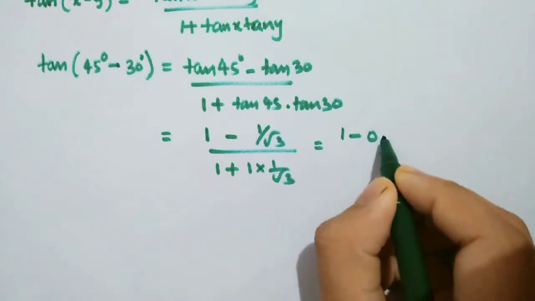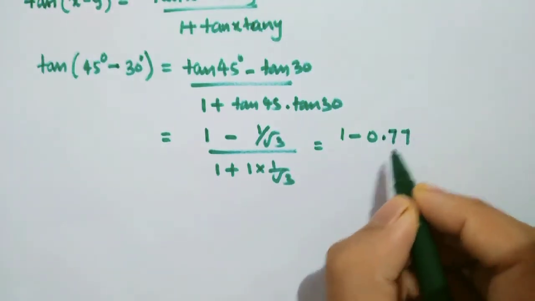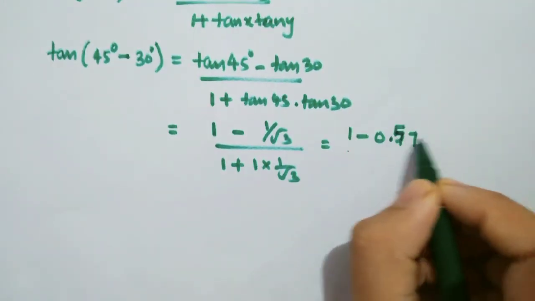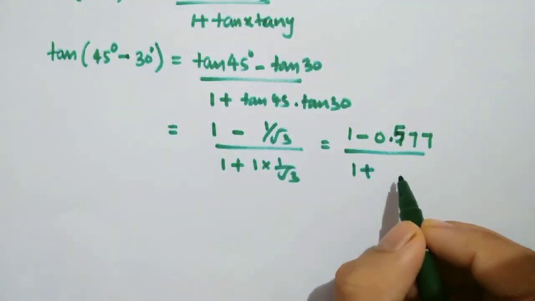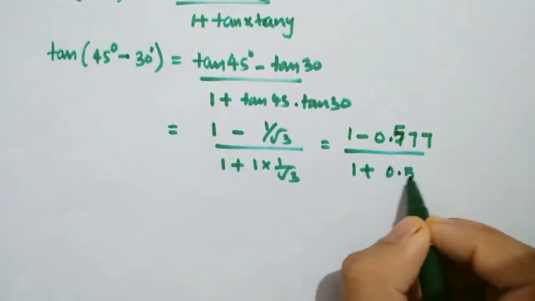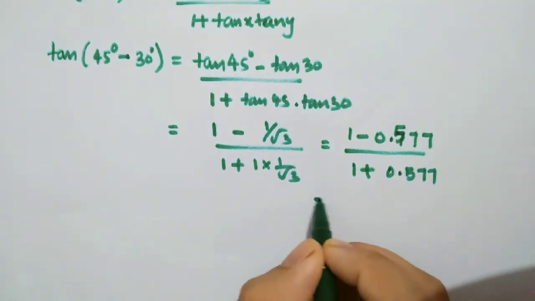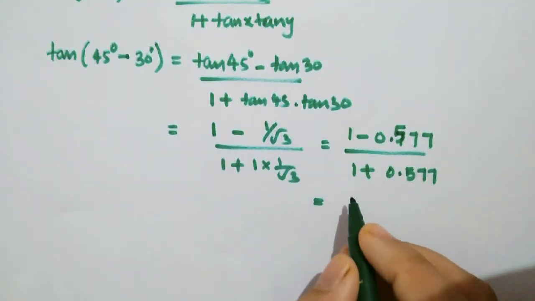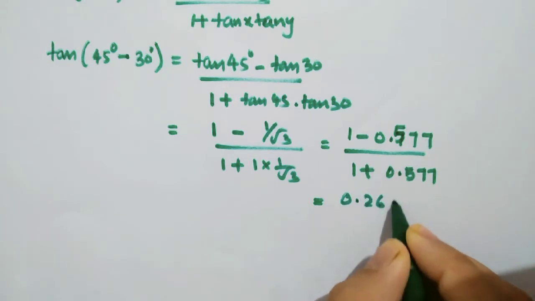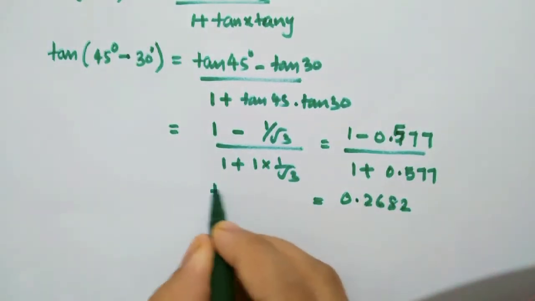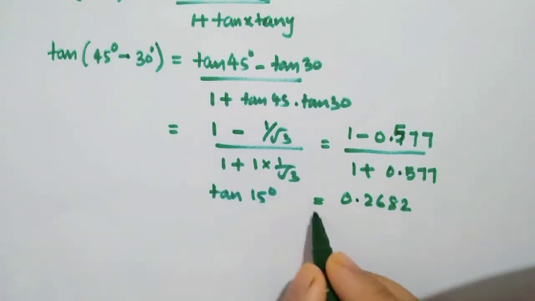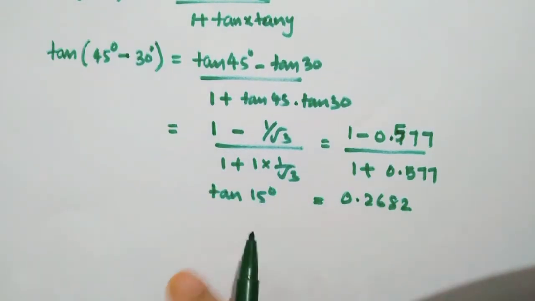So 1 minus 0.577 divided by 1 plus 0.577. That is equal to 0.2682. So what we got? Tan 45 minus 30, that is tan 15 degree, is 0.2682.